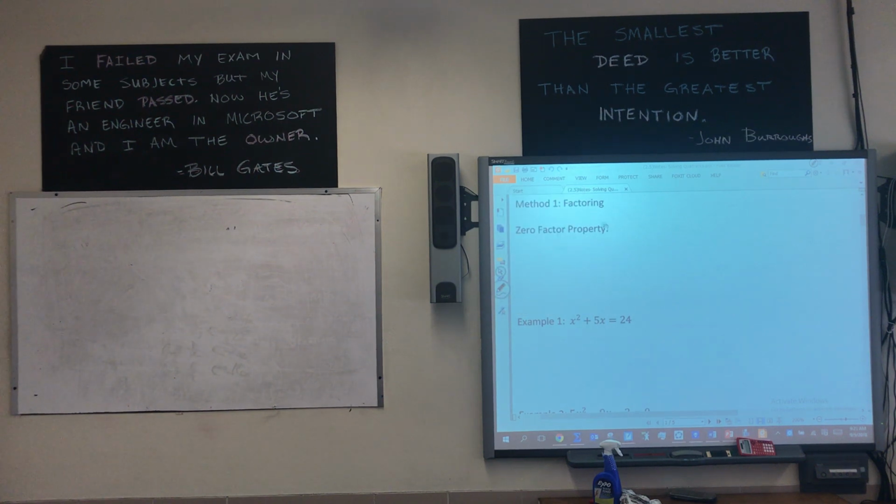And basically what the 0 factor property states is that if A times C equals 0, where A and C are elements of real numbers, then A equals 0 or C equals 0.